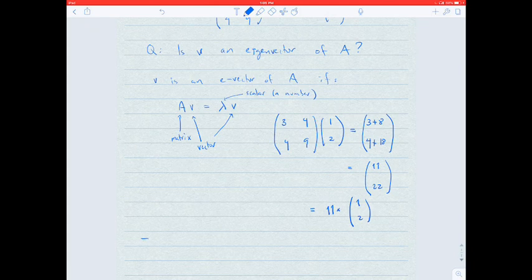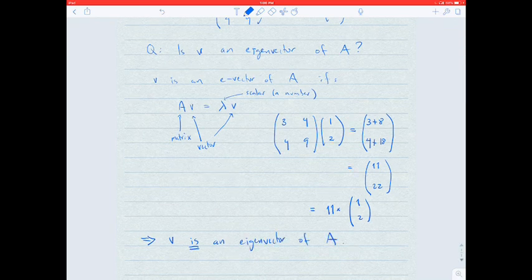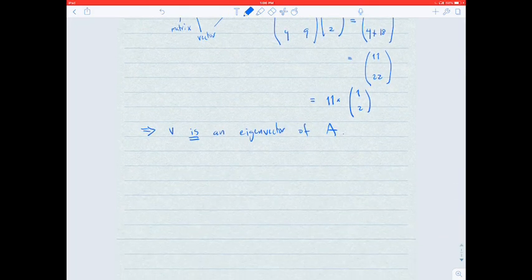So the answer is that indeed V is an eigenvector of A. And we've also answered the next question, which asks what's the eigenvalue, and the eigenvalue of V is 11.